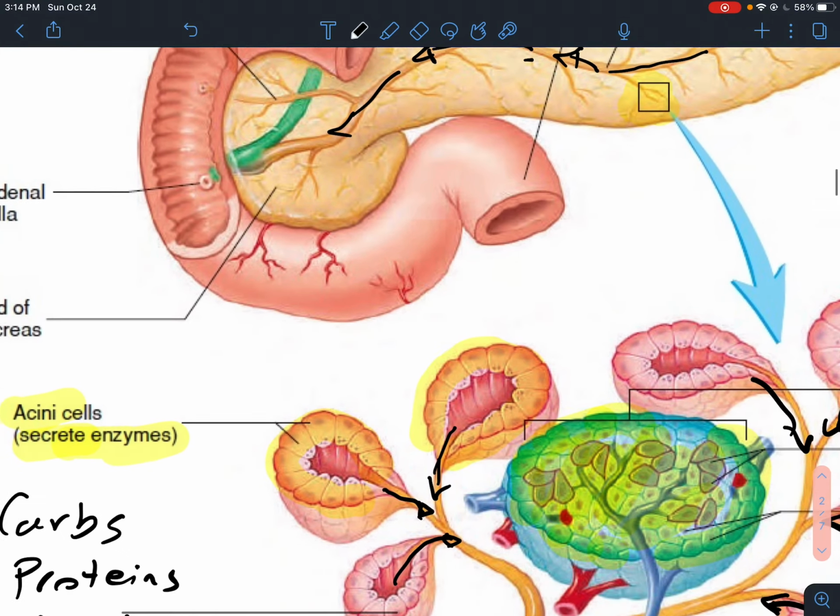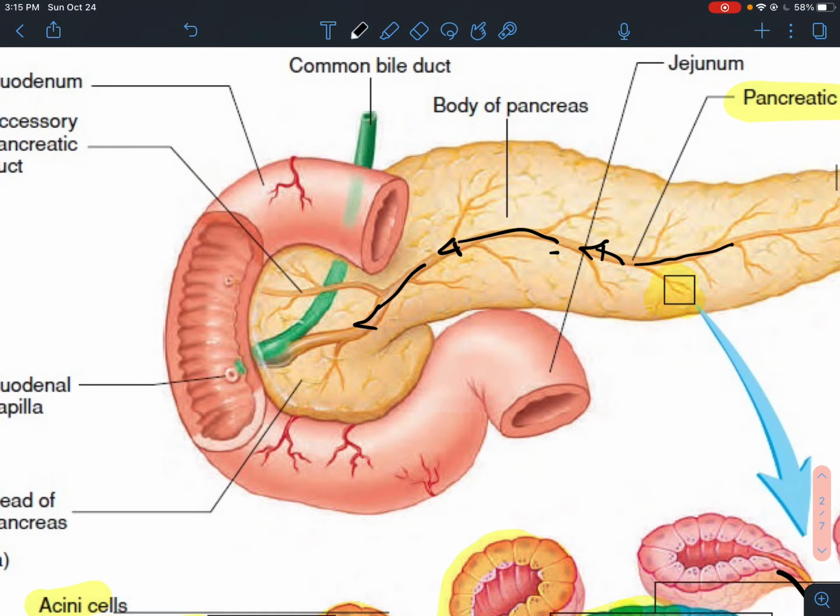And notice that here you have the common bile duct, bringing that bile down for the emulsification of fats. So that's coming down this way. And then you have this enlargement known as the ampulla of Vater, where the two ducts meet.